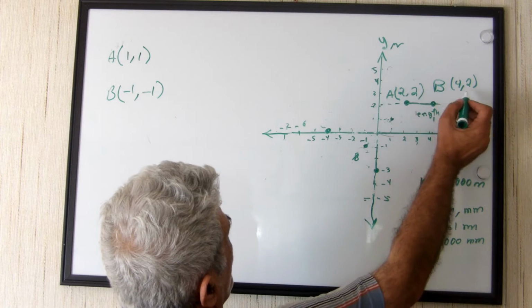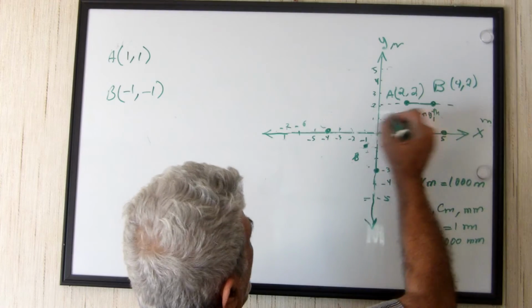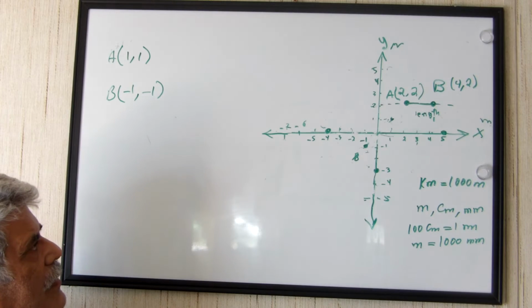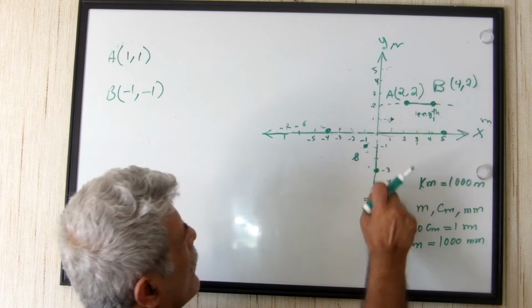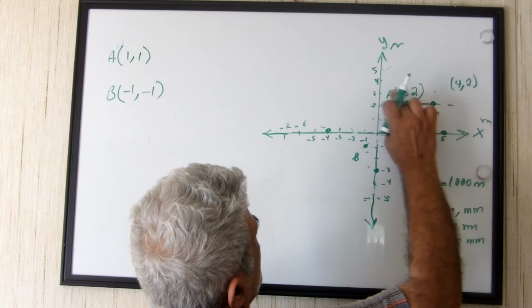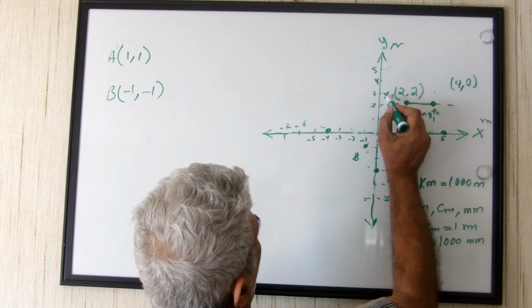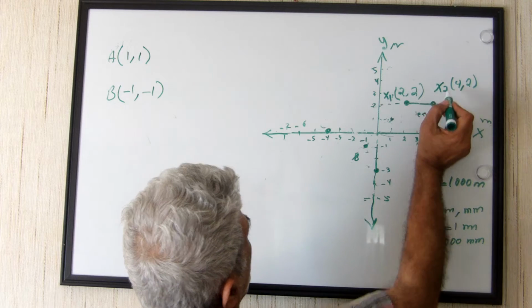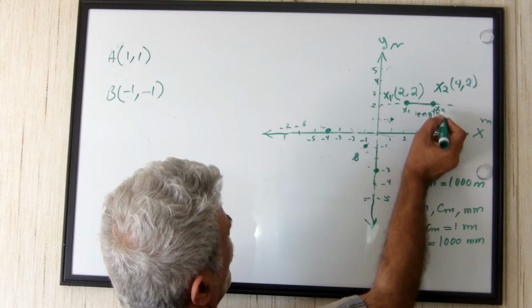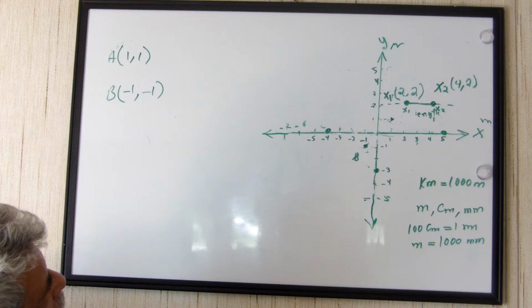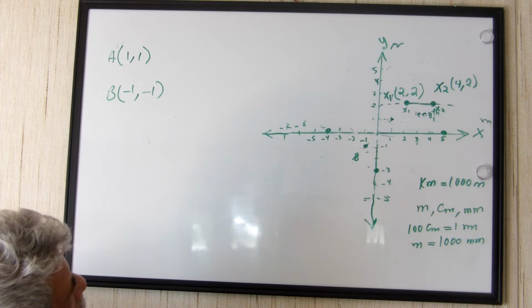You see that the y is the same because this line is horizontal. Let's write it another way: this is x1 and this is x2.